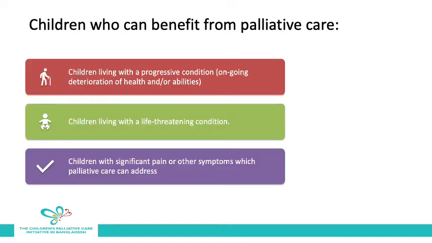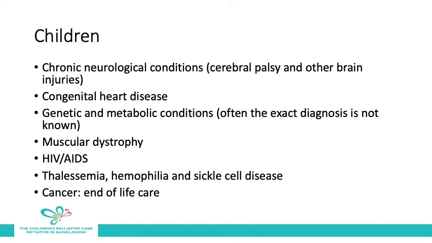It's important to remember that children who can benefit from palliative care include children living with a progressive condition where there's ongoing deterioration of health or abilities, and children living with a life-threatening condition, or children who have significant pain or other symptoms which palliative care can address. Typically, in home-based palliative care programs, children with chronic neurological conditions are the most common.